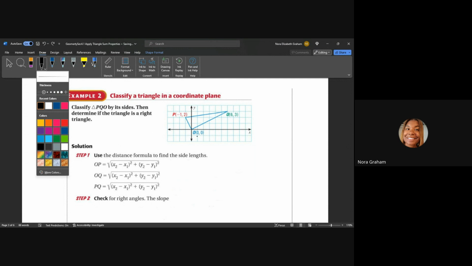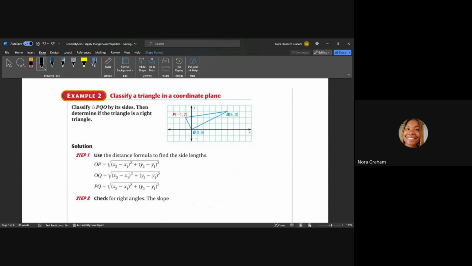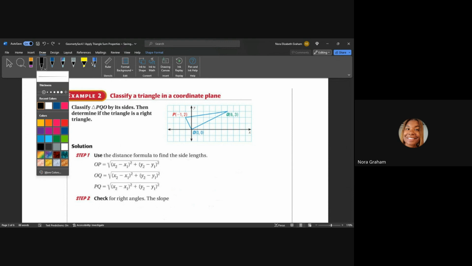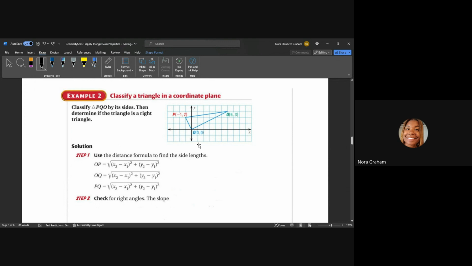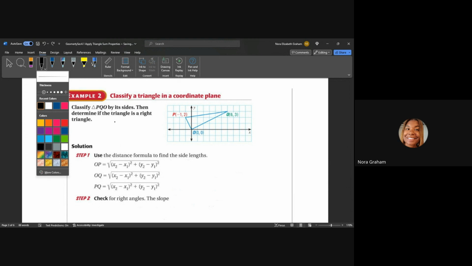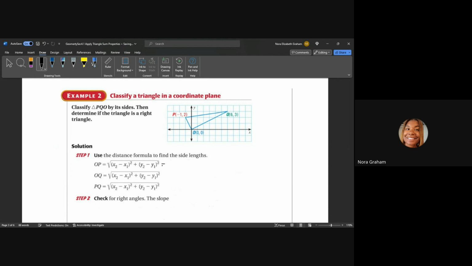When you guys do a test and you're using the distance formula or slope formula, it's always best practice to annotate your points by putting x sub 1 and y sub 1 on your points. No, this is acting tricky right now. It's not letting me write. So I would put x sub 1, y sub 1 right here, and then x sub 2 and y sub 2 right here. I'm not going to do it right now because it's kind of acting funny when I write. So then we just substitute in our points.